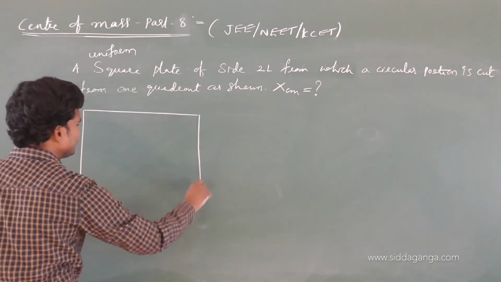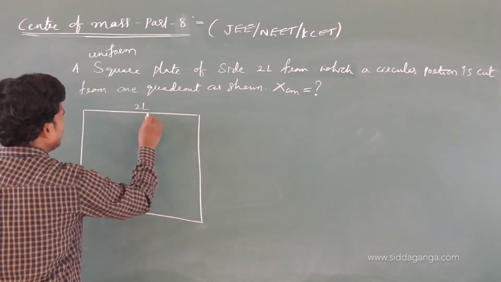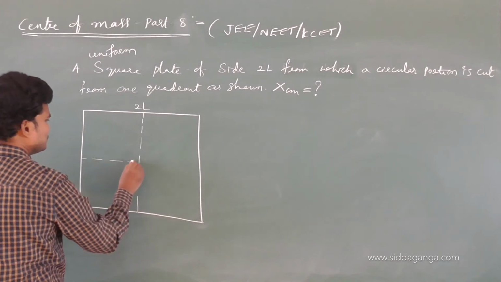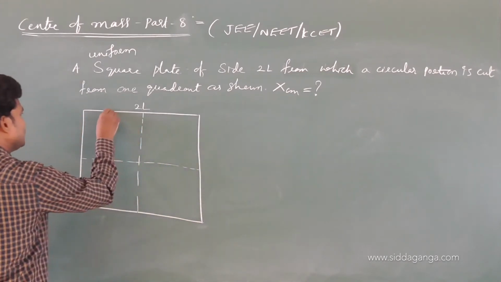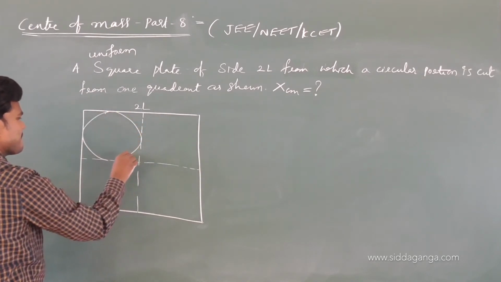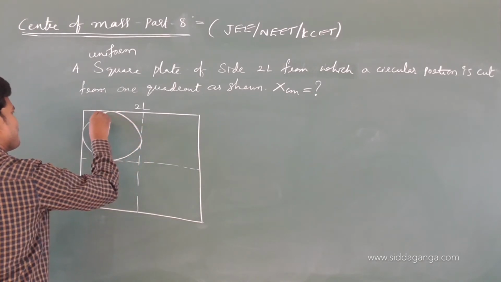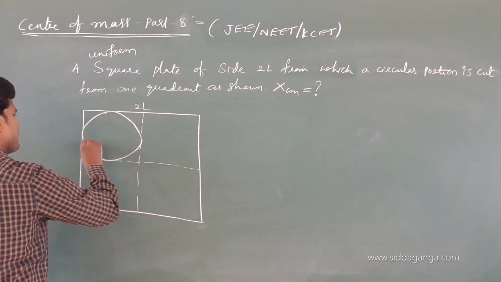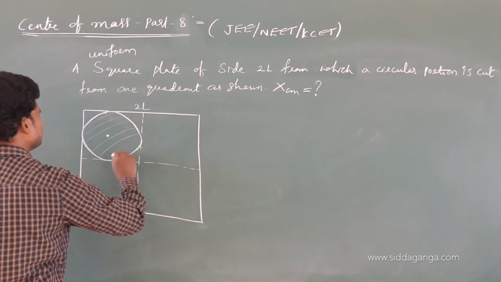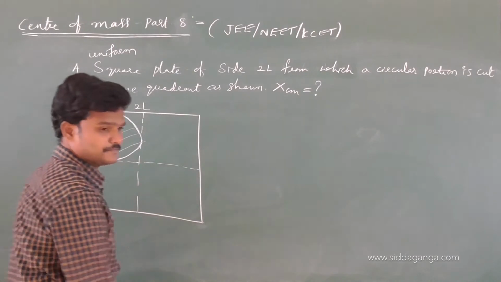See, this is the square plate whose side is given 2L divided into 4 quadrants, and here a circular portion is cut like this. This part is going to be cut.